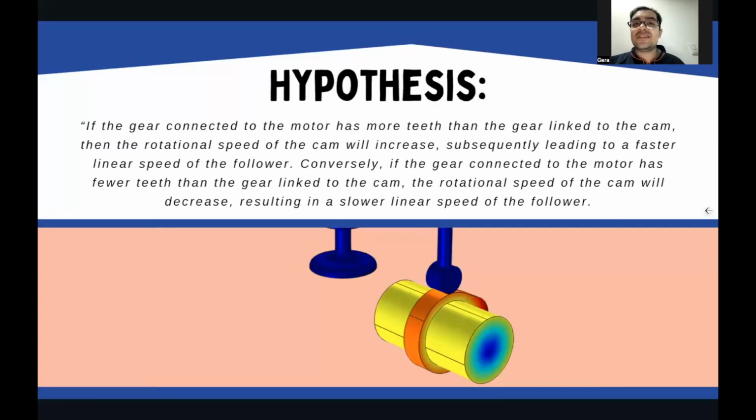For our hypothesis, if the gear connected to the motor has more teeth than the gear linked to the cam, then the rotational speed and the linear speed of the follower will increase. But if the gear connected to the motor has fewer teeth than the gear linked to the cam, the rotational speed of the cam will decrease, resulting in a slower linear speed of the follower.